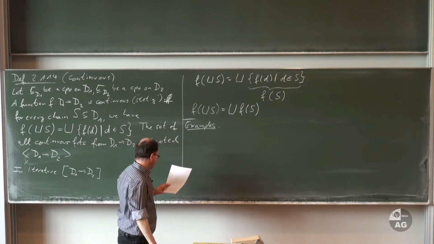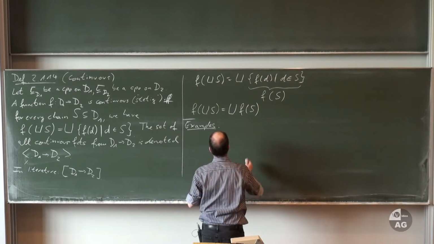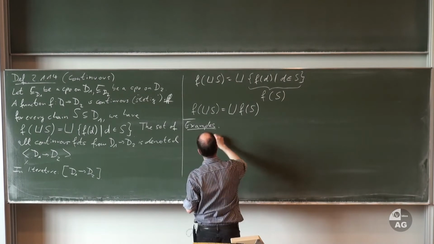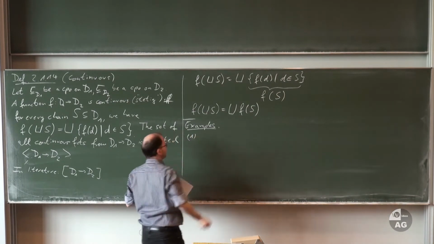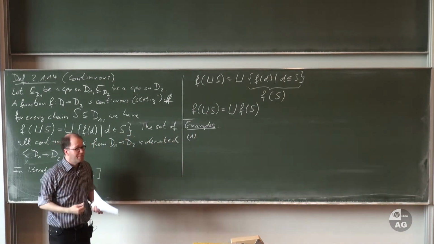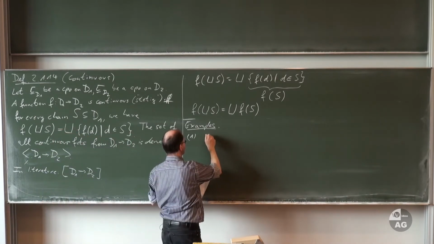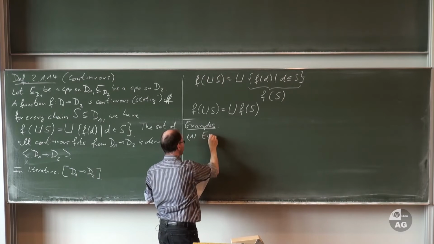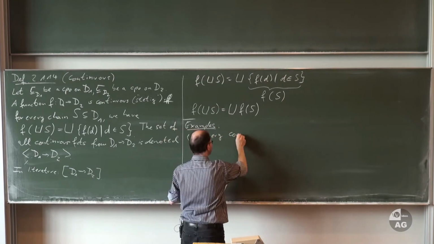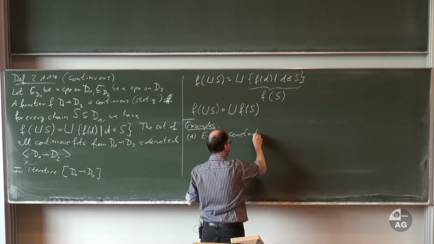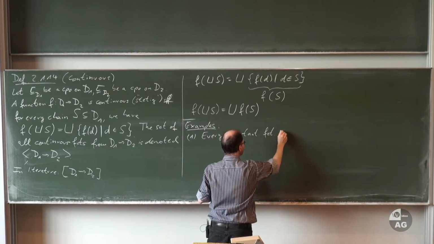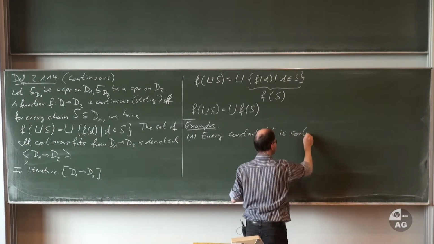Now, the first example is the easiest one. Let's show that every constant function is continuous.